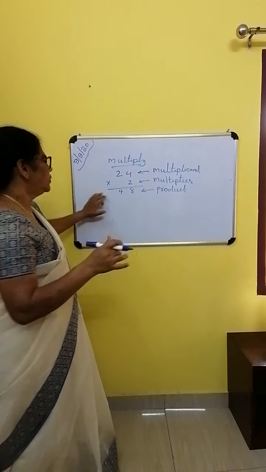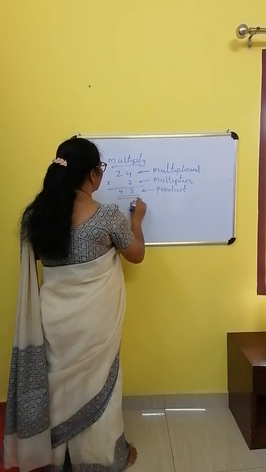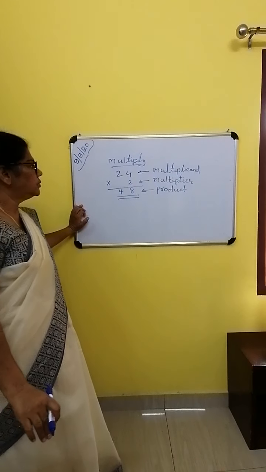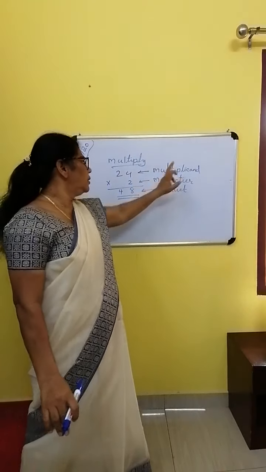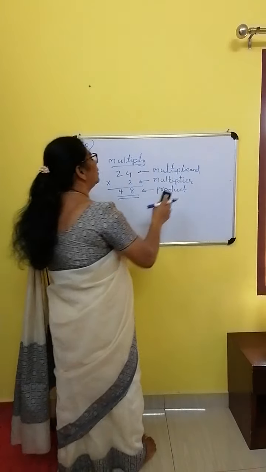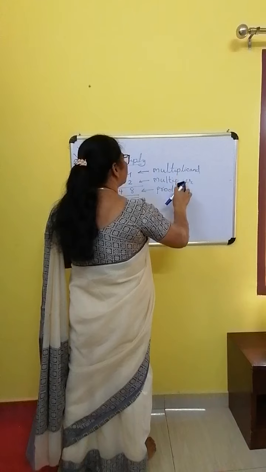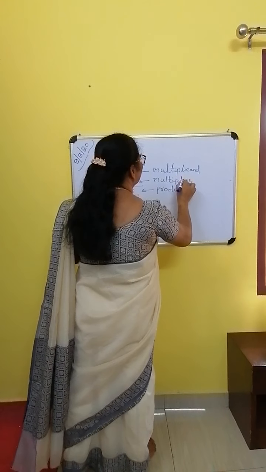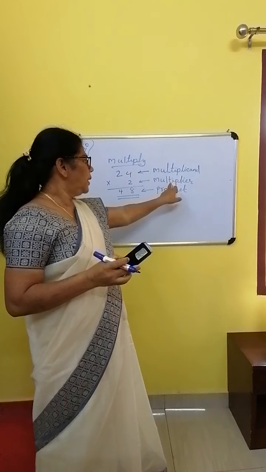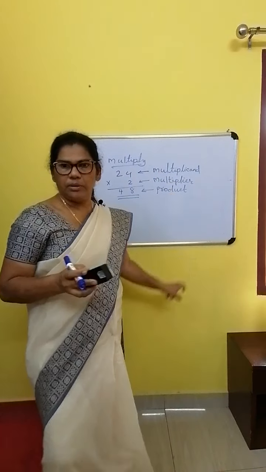So this is the answer. After getting the answer, you have to give underlines, 2 lines. Multiplicand, multiplier, product. Understood?